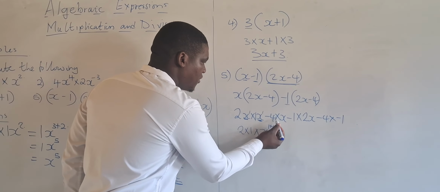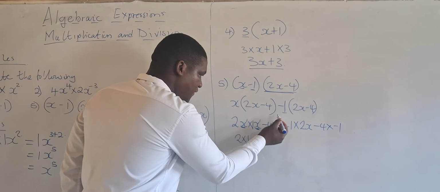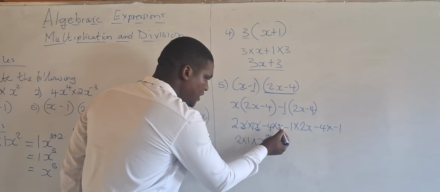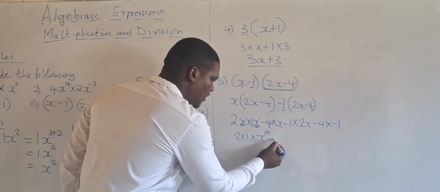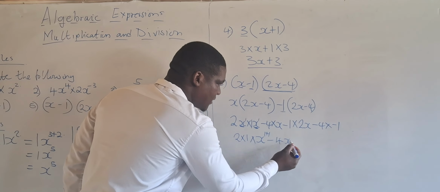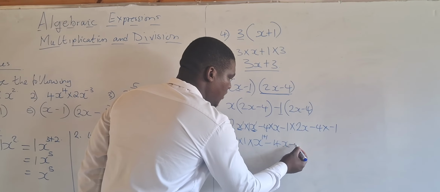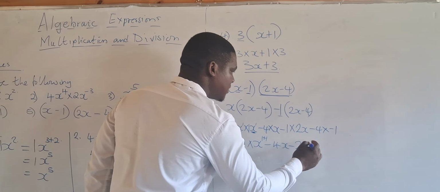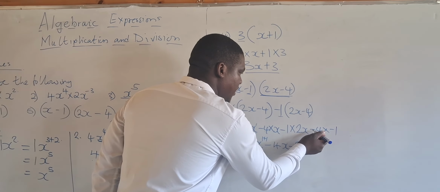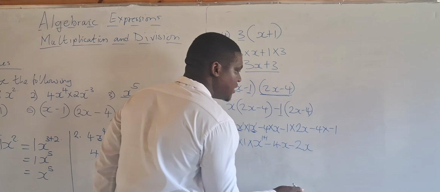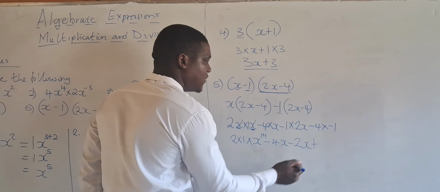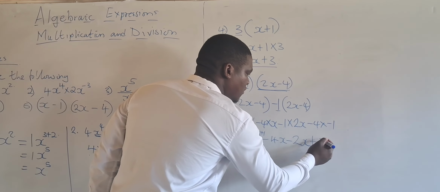We are saying minus 4 times, the coefficient is 1. So we are saying minus 4 times 1 times x to get minus 4x. We are saying minus 1 times 2x to get minus 2x. Right. So we are saying minus times a minus to get a positive. And then we say 4 times 1 to get 4.